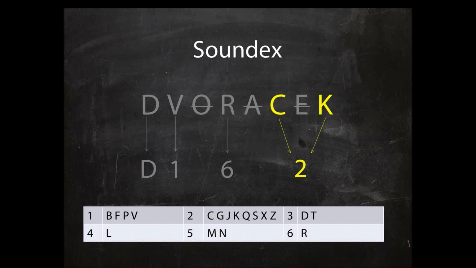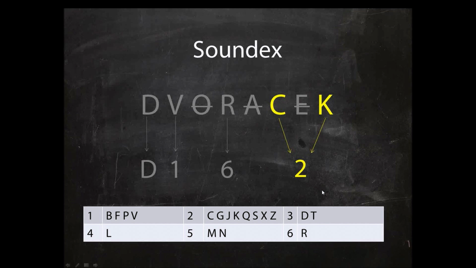Skipping past the A, I'm going to look at C, and that's part of the very large category 2. But also, continuing on, I see that the next consonant after the E is a K. That's also part of category 2. And since we have these 2 letters that are in the same category, we're only going to count it once. So rather than it being 2 separate 2's, it's just a single 2.